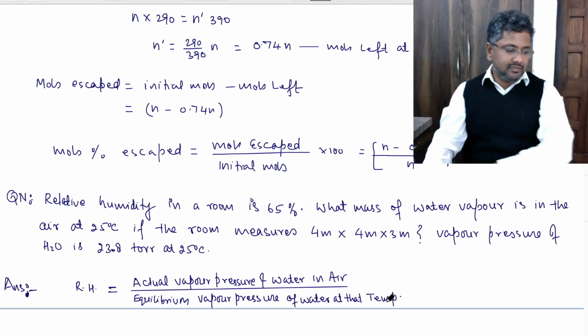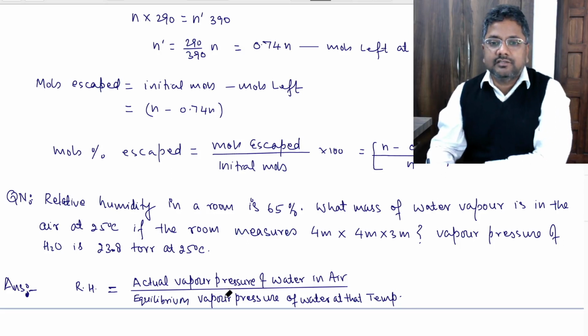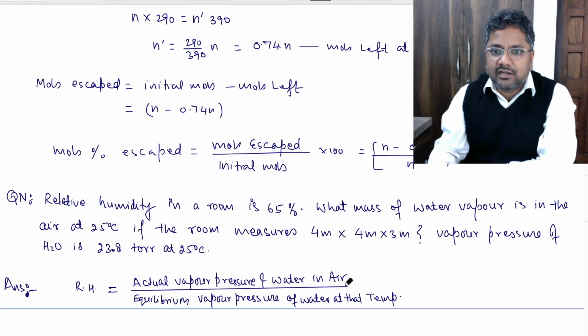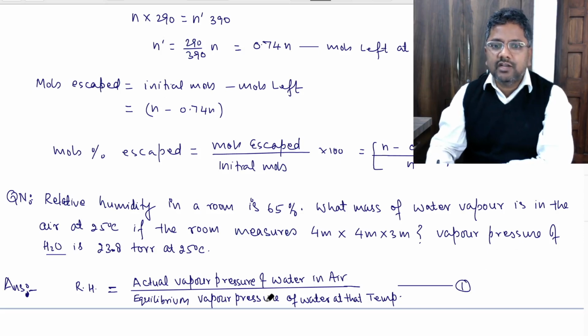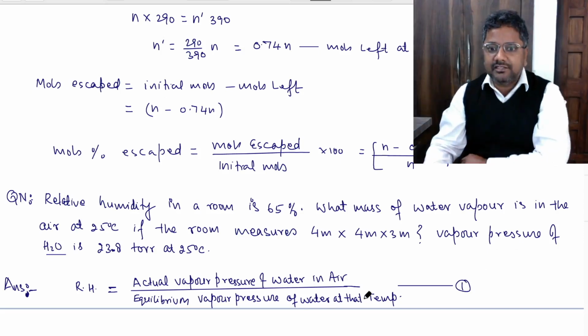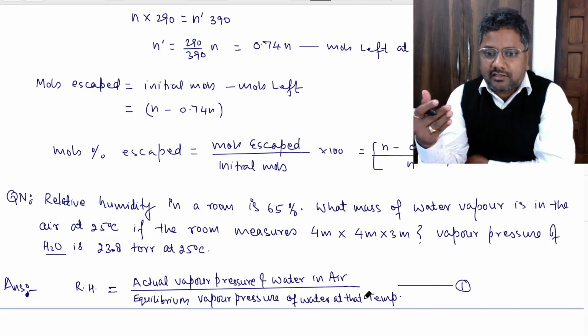Right? So see here, the actual vapor pressure of water is not given in this question. Rather, they have given the vapor pressure of water. Equilibrium vapor pressure of water means vapor pressure of pure water.